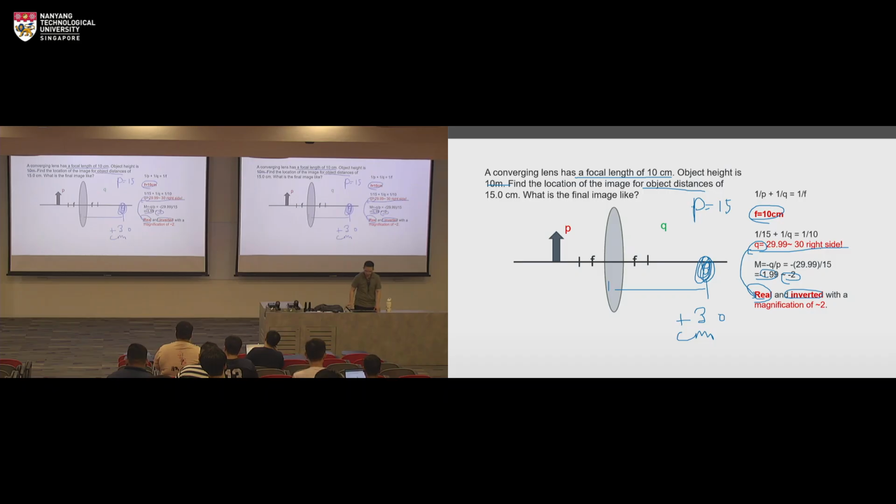So given it's a very basic and very standard question, you should and you must be able to write it very accurately. So why is it real? Because Q is positive. Why is it inverted? Because this follows the sign of the M. And the magnification is the absolute value of the M. So this is a practice by using the equation to calculate a lens.